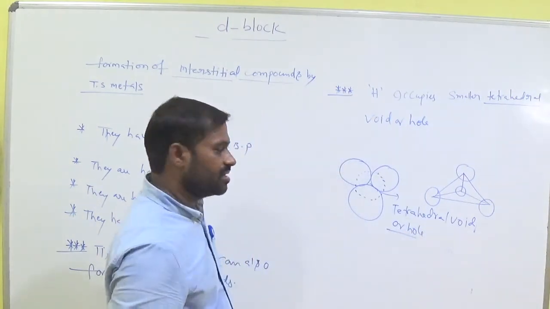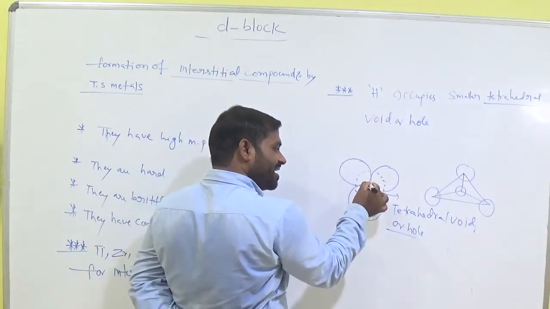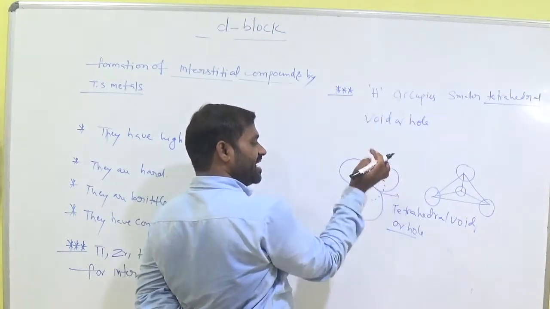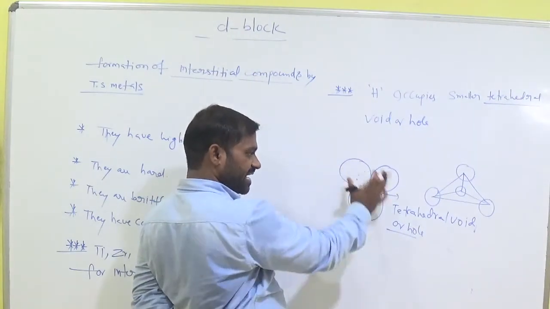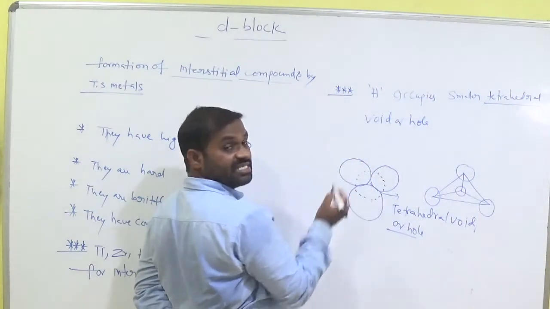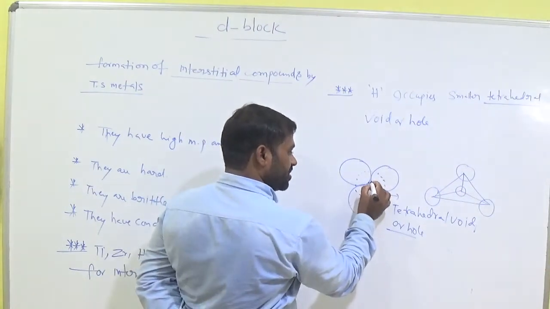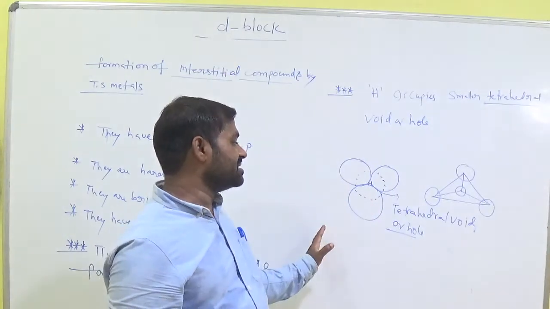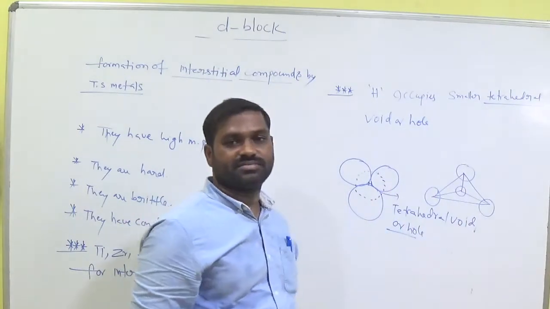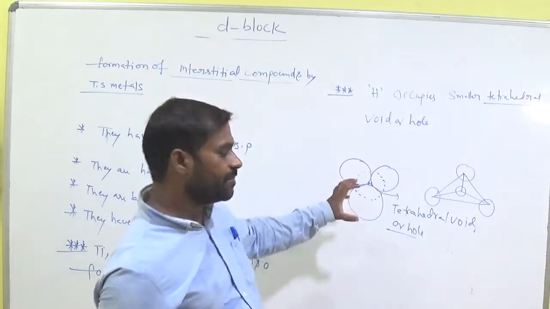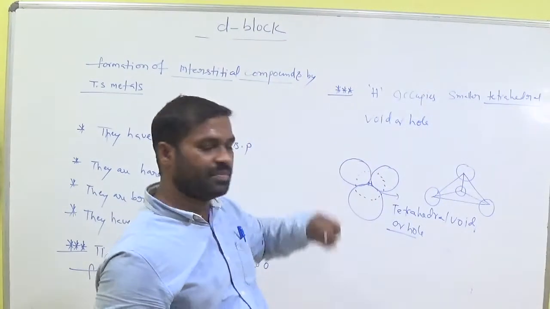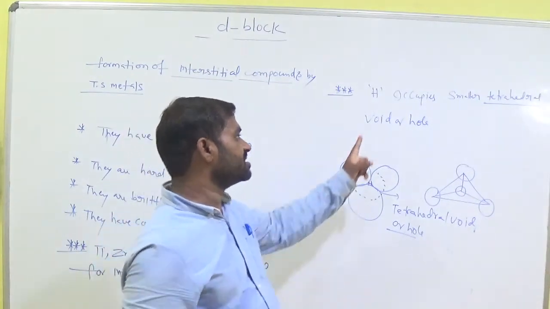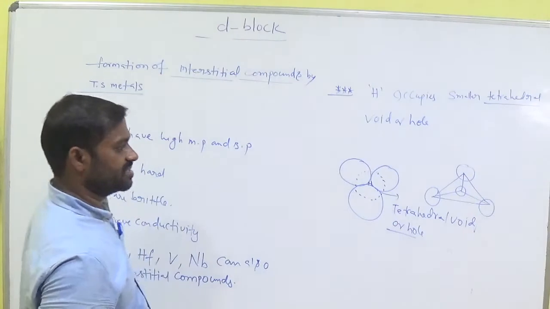So hydrogen occupies this hole. This is the small hole, and hydrogen can be inserted in this space. Where hydrogen occupies in the crystalline lattice is the tetrahedral void. These are the three balls. Keep the fourth ball on the junction of the three balls. Now there is a gap at that position. That position is called the tetrahedral void. Clear?